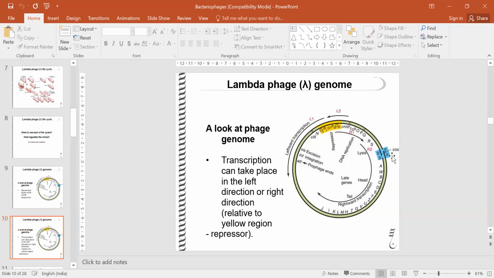You will see here the yellow location in the genome, where the operator, the promoter and the transcription site are represented.